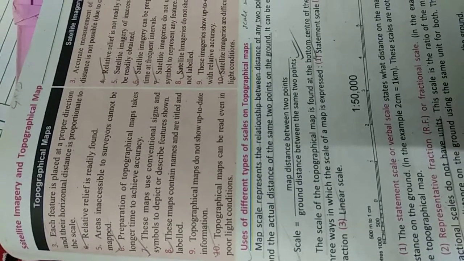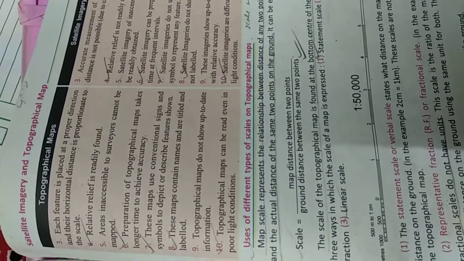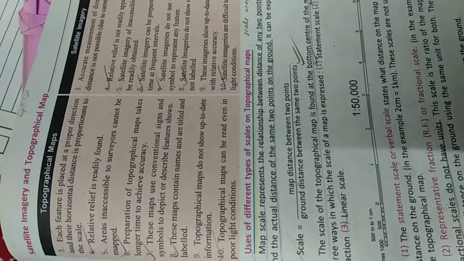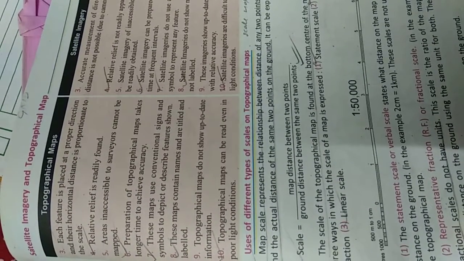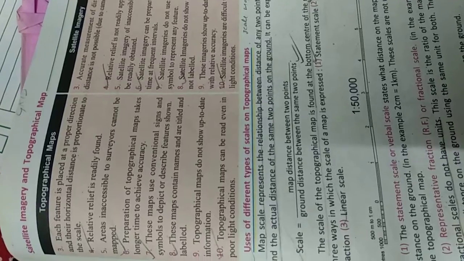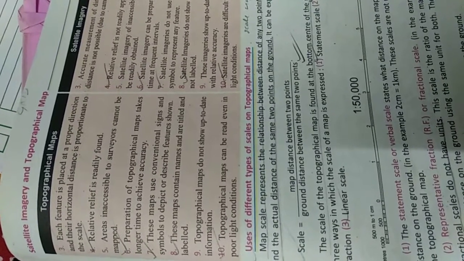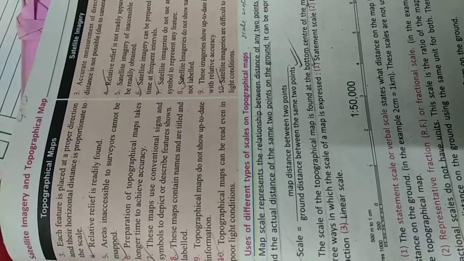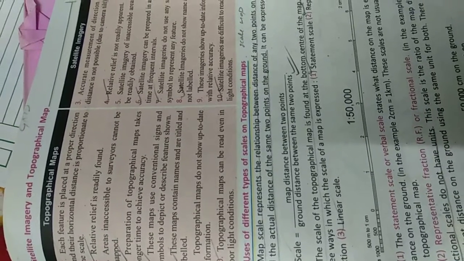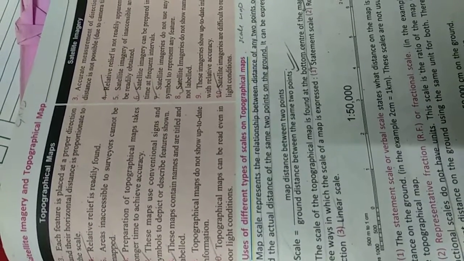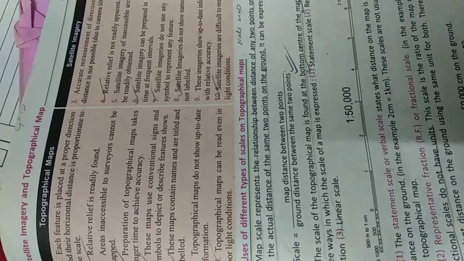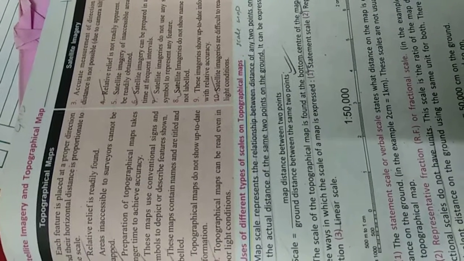Satellite imagery does not show names and is not labeled, whereas topographical maps contain map names and are titled and labeled. Each map has conventional signs and symbols to depict and describe the features shown, whereas satellite imagery does not have any sign or description that represents symbols.